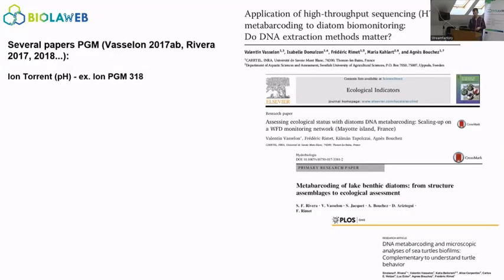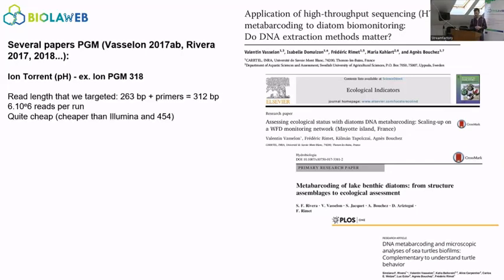And we had also several papers with another technology, which is called PGM, Ion Torrent. This afternoon, you showed us, Clarisse, how we read the sequences with fluorescent nucleotides. Here it's not that. I'm not going to enter into the details because it's quite technical and I don't remember exactly how it works, but it's based on pH detection, depending on the nucleotide.